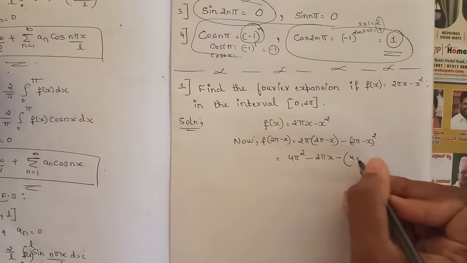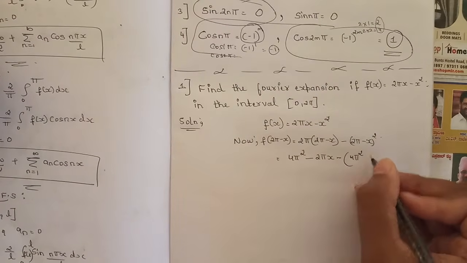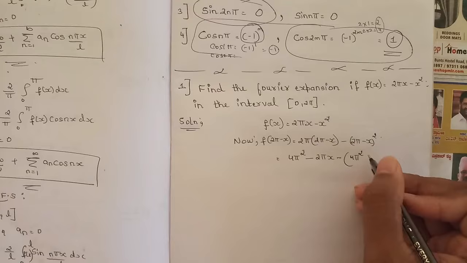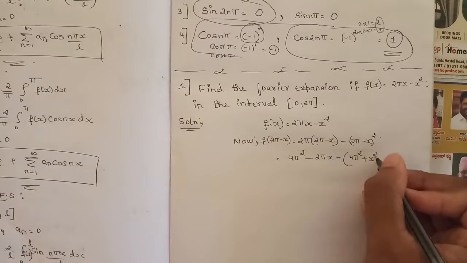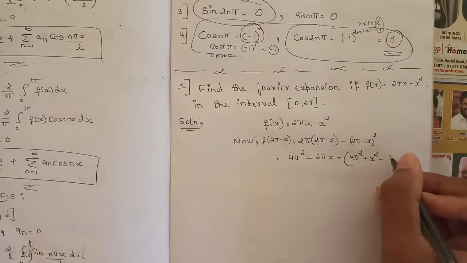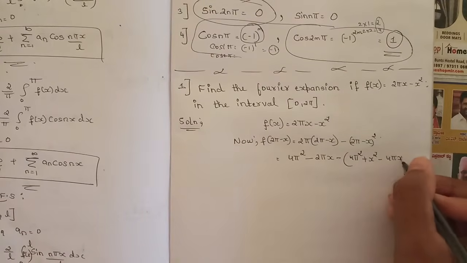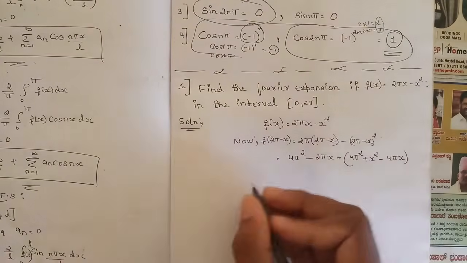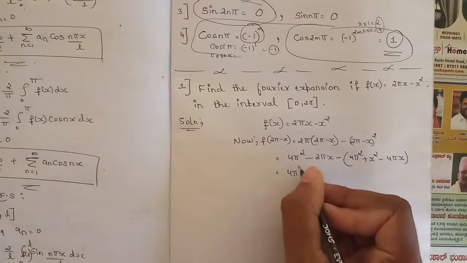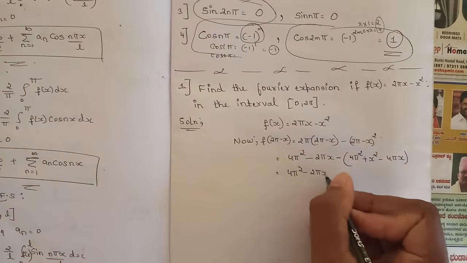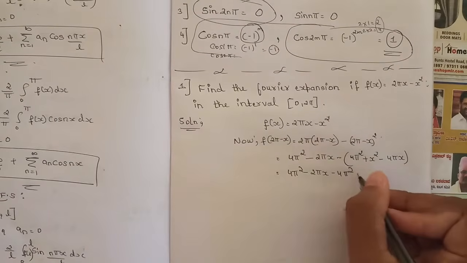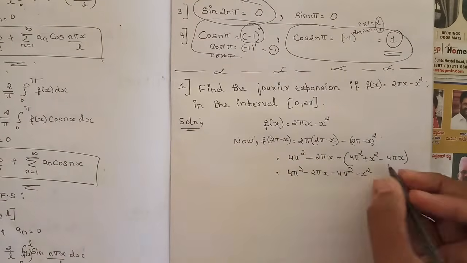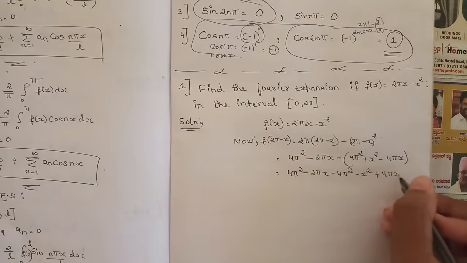A square, that is 4 pi square, plus x square minus 4 pi x. That becomes 4 pi square minus 2 pi x minus 4 pi square, you have to remove this bracket, minus x square plus 4 pi x.